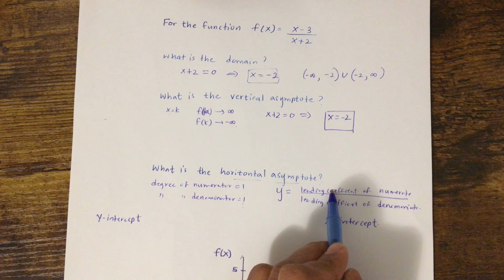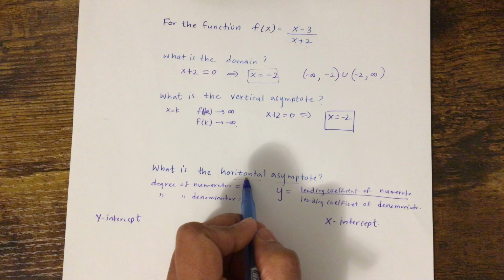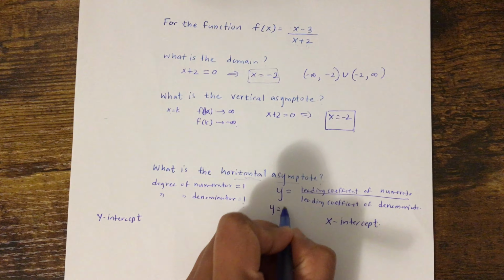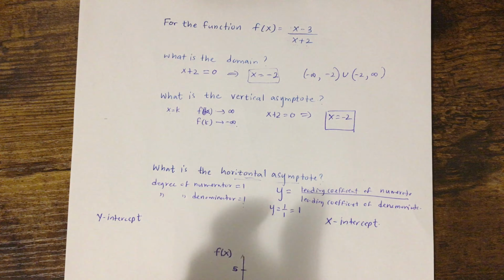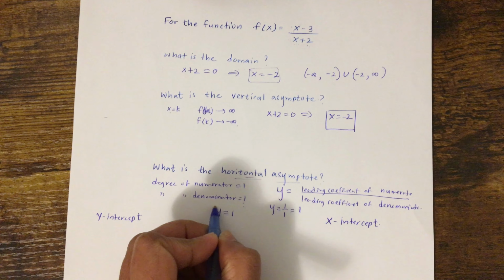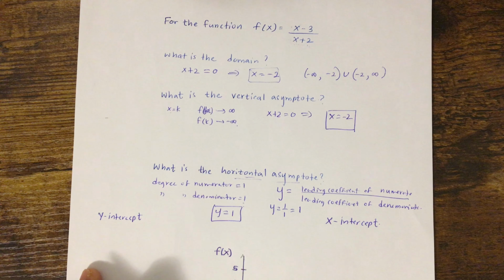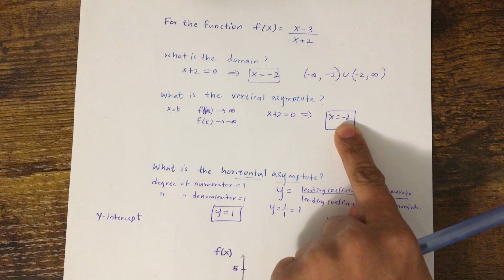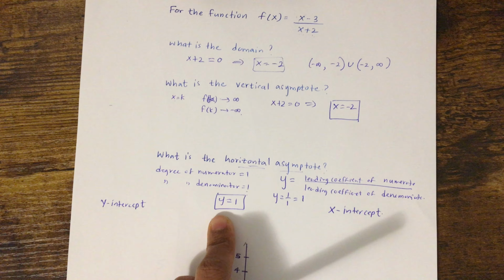So you take the ratio like this. So then what is your horizontal asymptote? y equals 1 divided by 1 equals 1. So y equals 1 is your horizontal asymptote. So x equals negative 2 is your vertical asymptote and this is your horizontal asymptote.